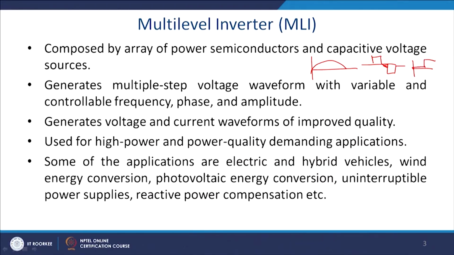So, there is a huge instantaneous voltage error between the actual voltage required by the inverter and the PWM generated voltage. In the case of the multi-level inverter, since it applies voltage in steps, the more the steps, the closer it gets to the sinusoidal. Thus, the voltage waveform has variable and controllable frequency, phase and amplitude.